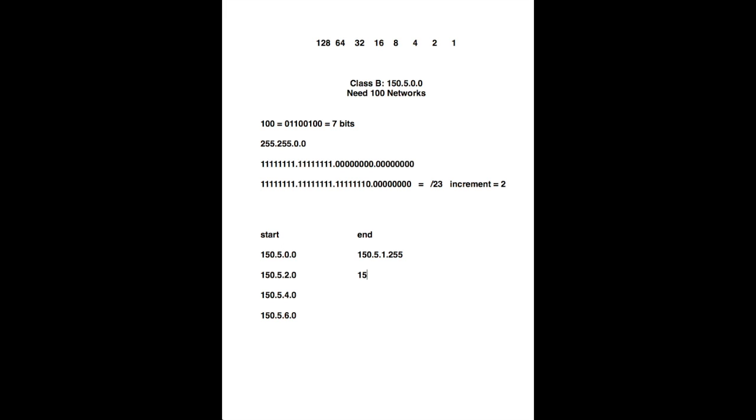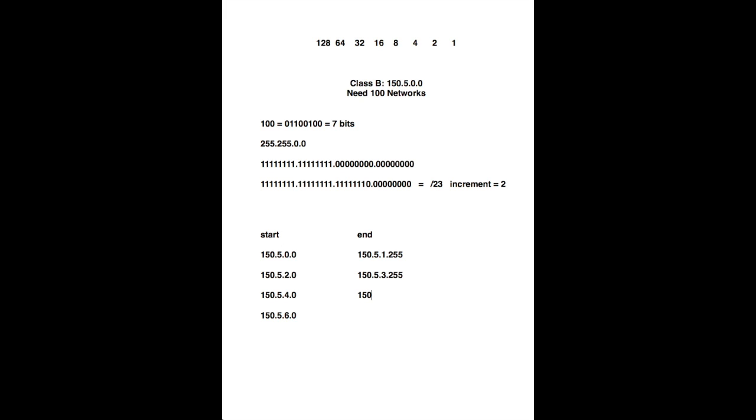Okay. So the next one is going to be 150.5.3. Remember, we can't use 4, so the 3, and the highest number you can get with the 3 is going to be 255. If you count up one more, it'll put you in the next network. Let's do the next one.